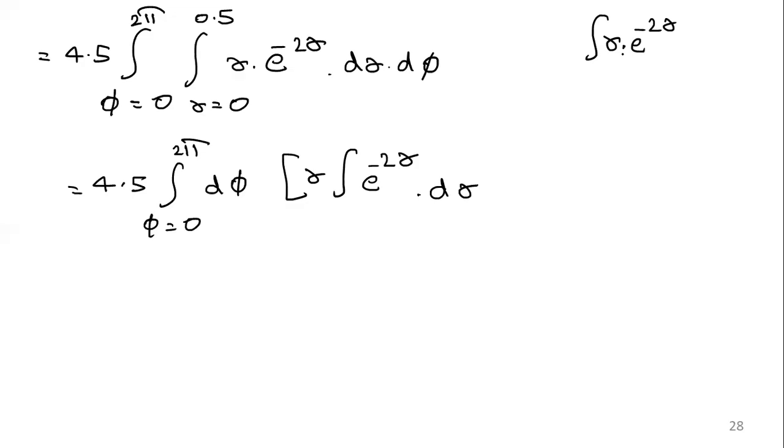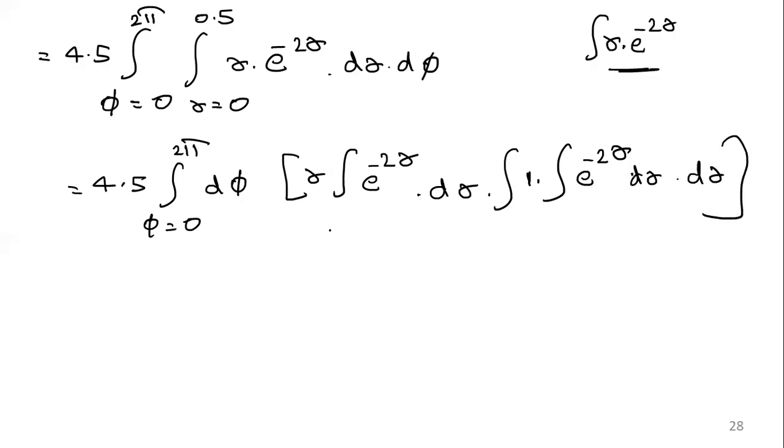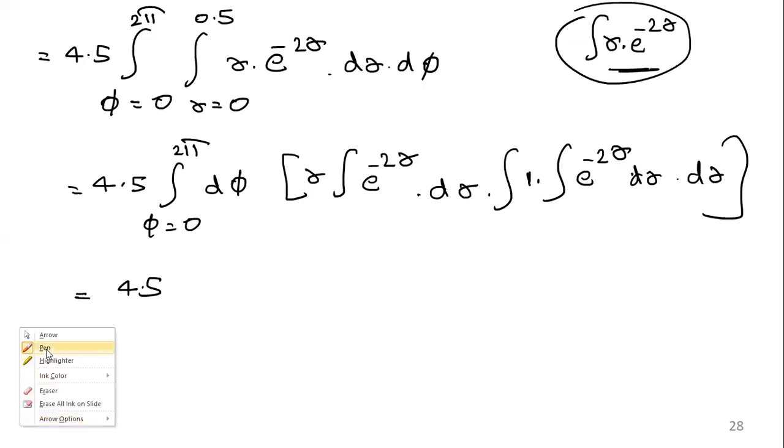The integral of the first term into the integral of the second, minus the integral of the derivative of the first into the integral of the second. So r into integral of e raised to minus 2r dr, minus integral of the derivative of r into the integral of e raised to minus 2r dr, into dr. Just refer to this formula, then you will understand if you are not following the calculation.